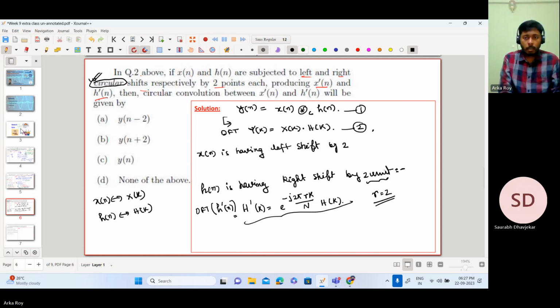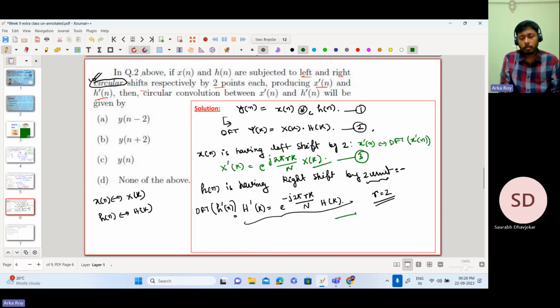And here, when x[n] is left circular shifted by an amount of 2, it produces x'[n], and the corresponding DFT will be X'[k]. So it will be e to the power j 2 pi r k divided by N, followed by X[k]. This will be equation 3 and this will be equation 4.